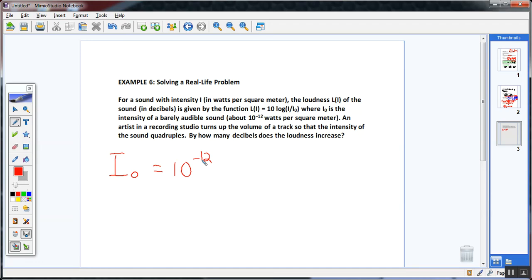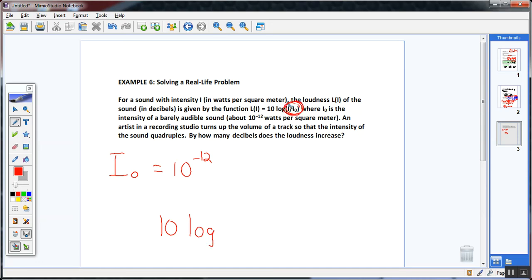I don't know what it was before, but what could you probably put in for I? 4, right? I put a 4 in there for I, so I think this is what you should do. Simply put 10 log of, what do you want to put in here, kids?